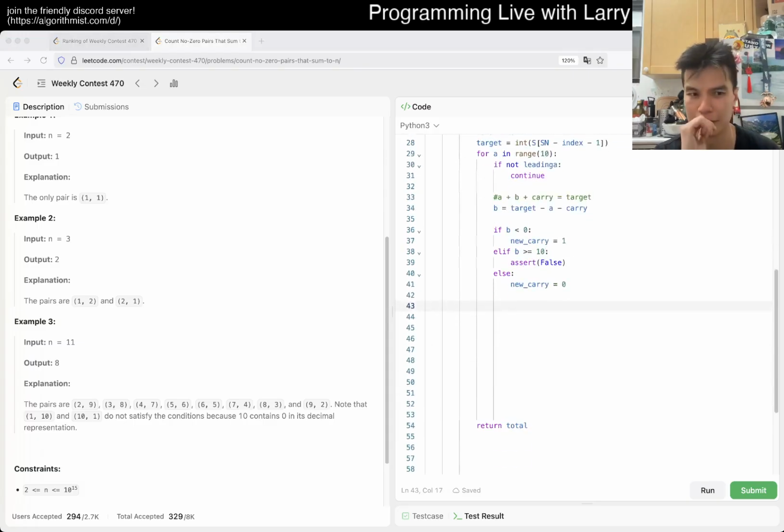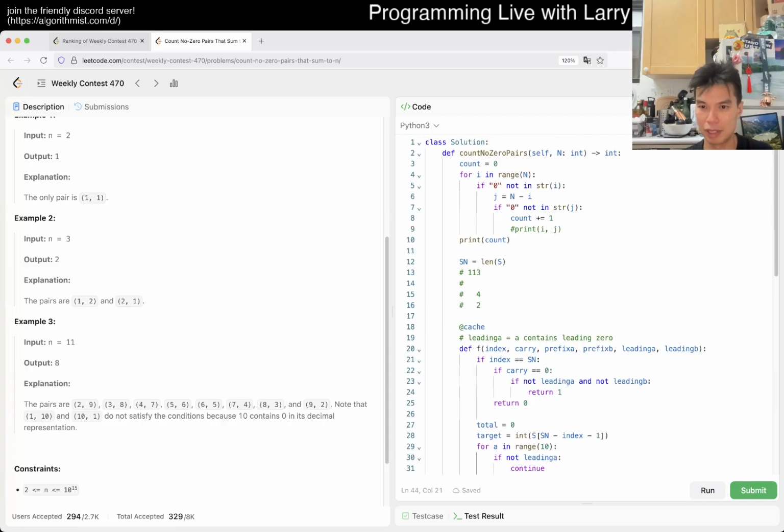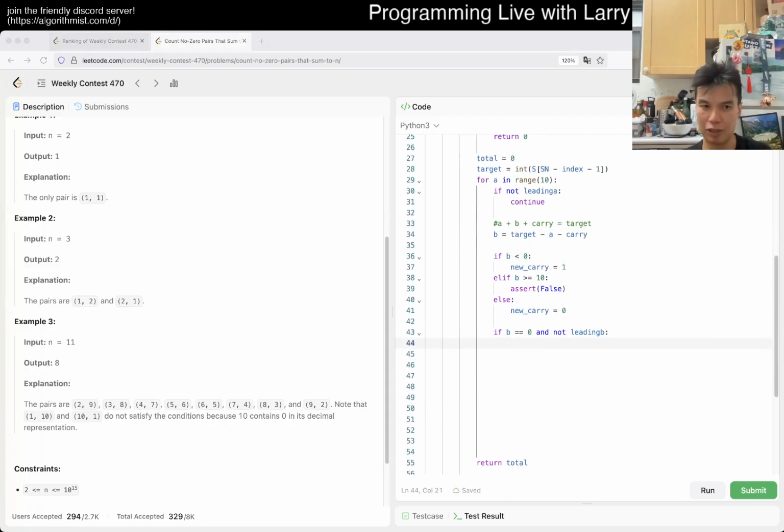Okay, and then how much time? 20 minutes. If B is 0, 0, and we no longer allow B to be 0, then we just skip.